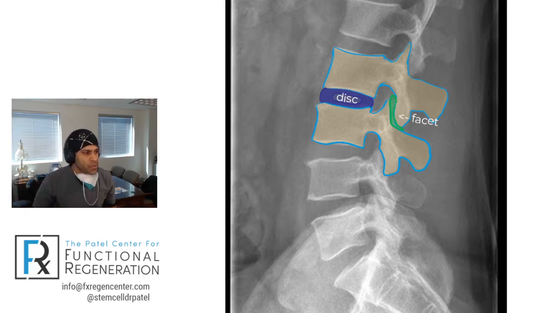And as we start to get a little older, there's a little bit of dehydration that occurs in the disc. So ultimately, instead of being nice and cushiony, it starts to get a little bit more wobbly. And as there's motion that starts to take place at that disc level, what happens is that the facet joint starts to rub, right?